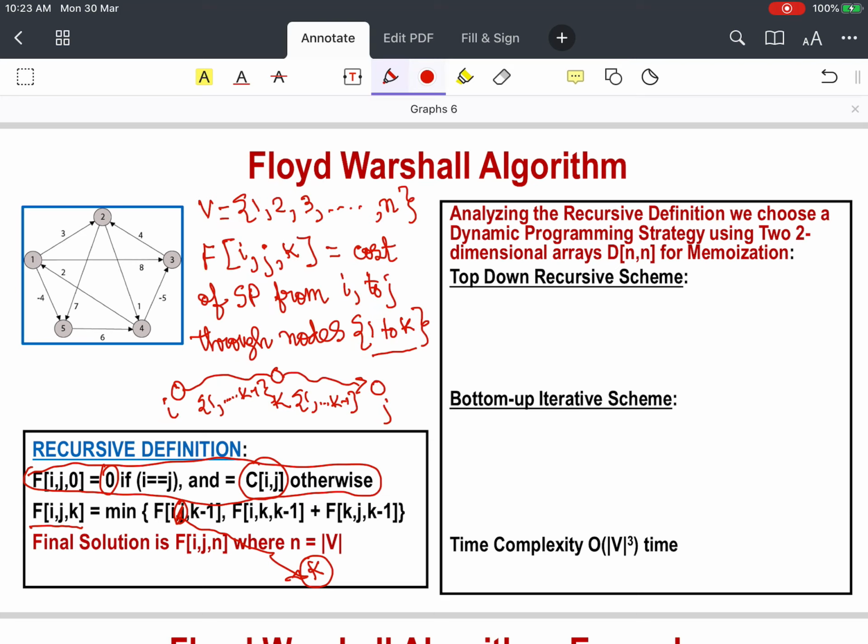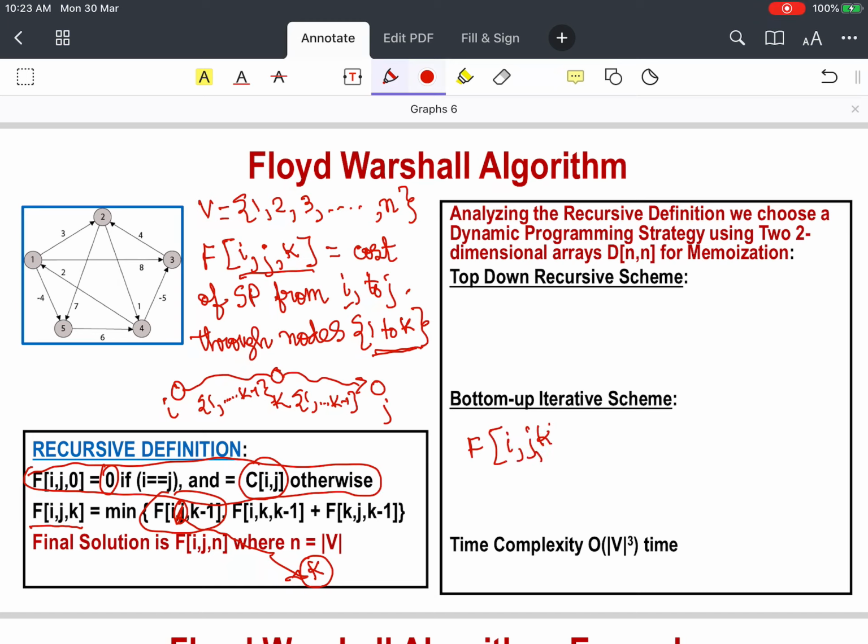So it makes a simple change saying that the shortest cost path Fijk from i to j through nodes 1 to k is, I am very sorry, this remains. There are two parts to it, let me rewrite it.